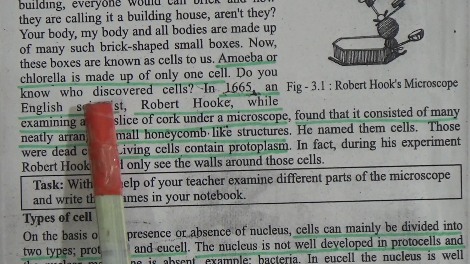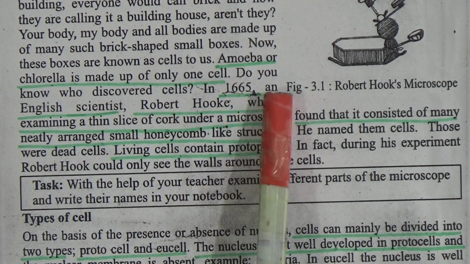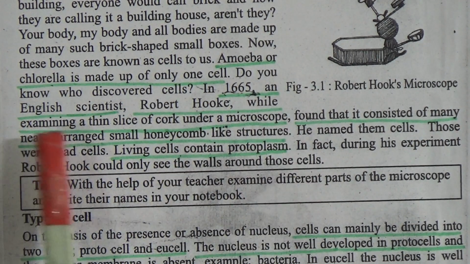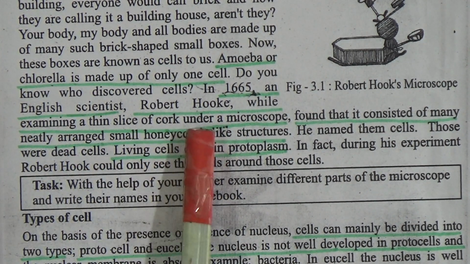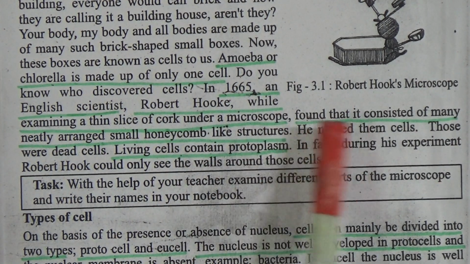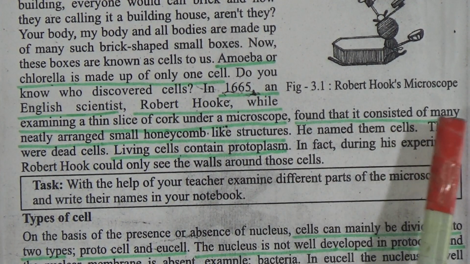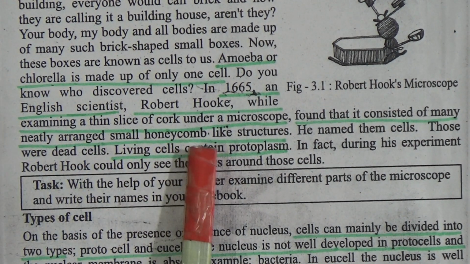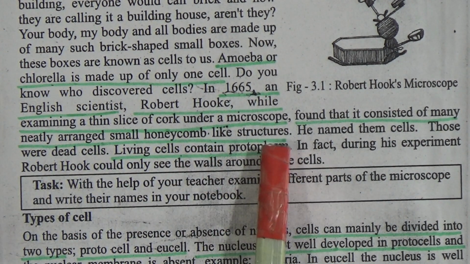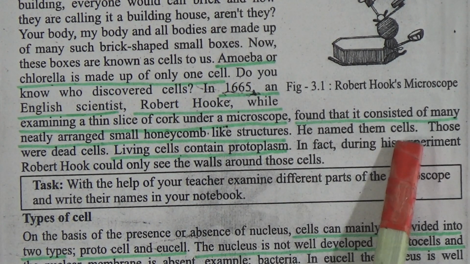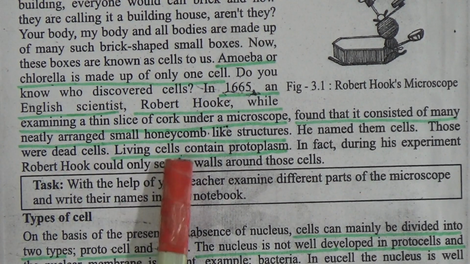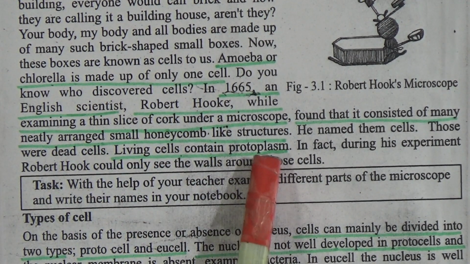Do you know who discovered cells? In 1665, an English scientist, Robert Hooke, while examining a thin slice of cork under a microscope, found that it consisted of many neatly arranged small honeycomb-like structures. He named them cells. Those were dead cells. Living cells contain protoplasm.